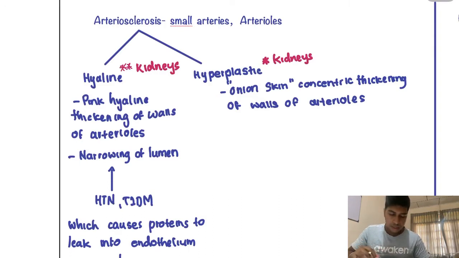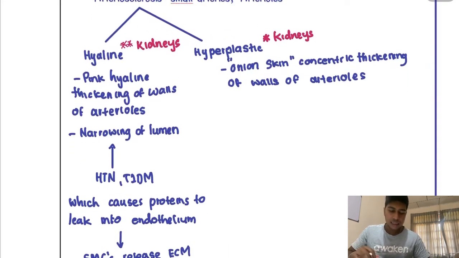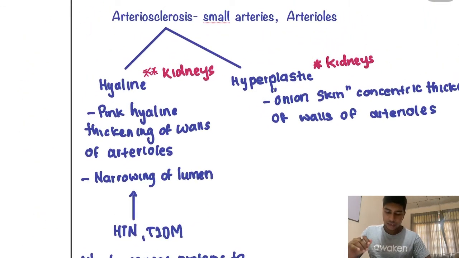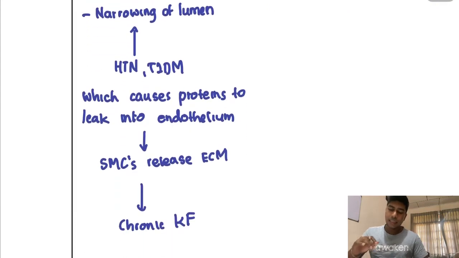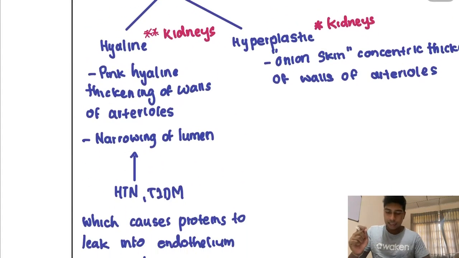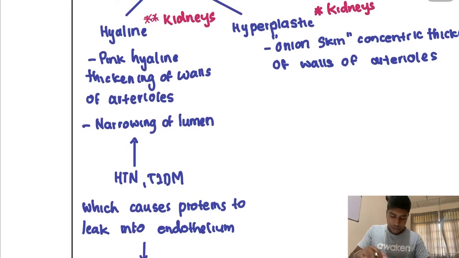There's two types: hyaline arteriosclerosis or hyperplastic arteriosclerosis. Now, the main thing I need you to know is this mainly occurs in the kidneys. So this is very important because the arteries hardening in the kidneys can lead to chronic kidney failure.